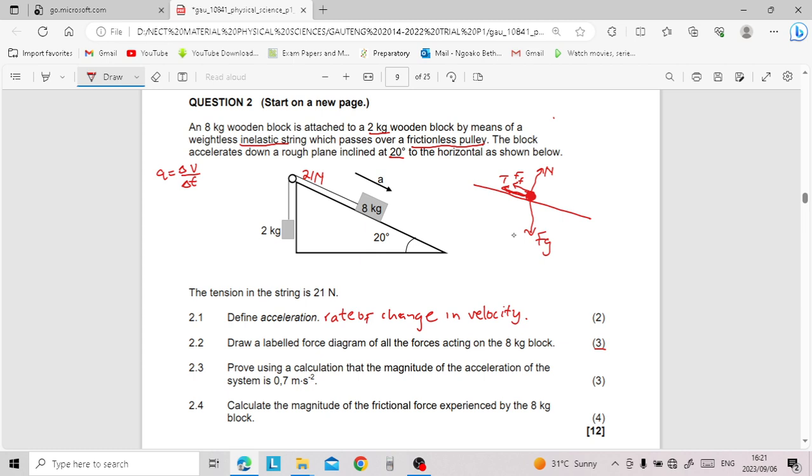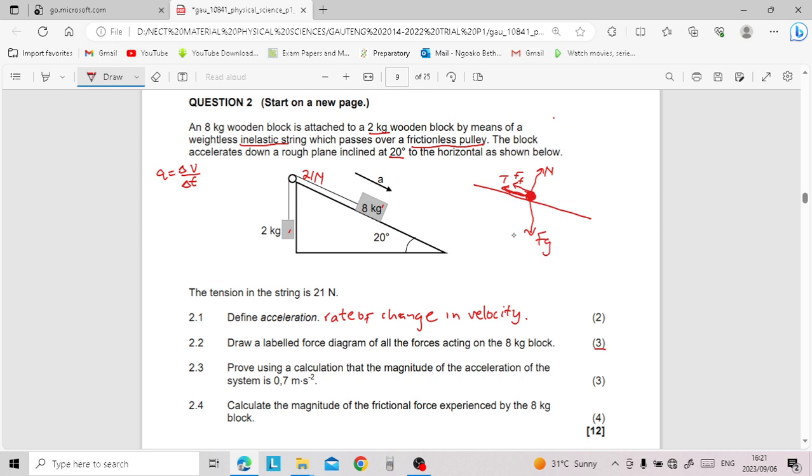Free body diagram. Now they say prove using a calculation that the magnitude of the acceleration of the system is 0.7 meters per second squared. Right, the acceleration of the system. If there is an acceleration for the 2 kilogram block, then there is the same acceleration for the 8 kilogram block, because this is a string system.